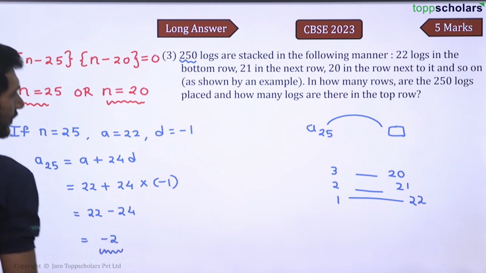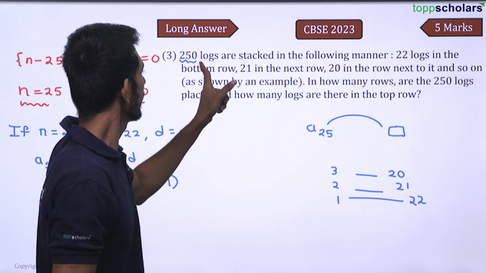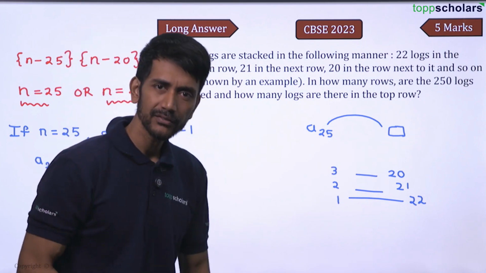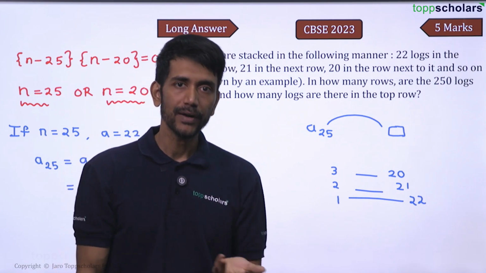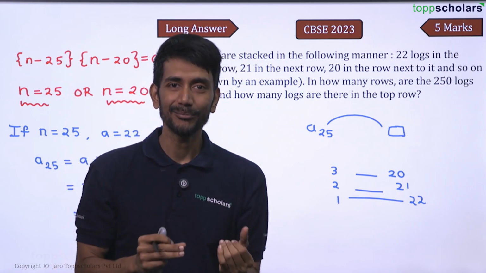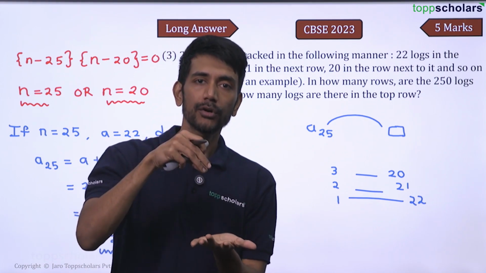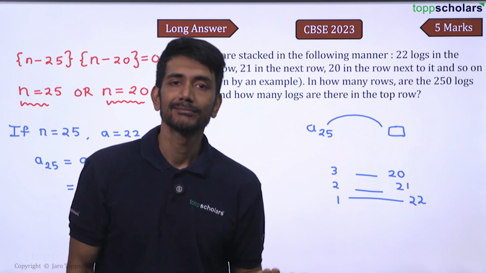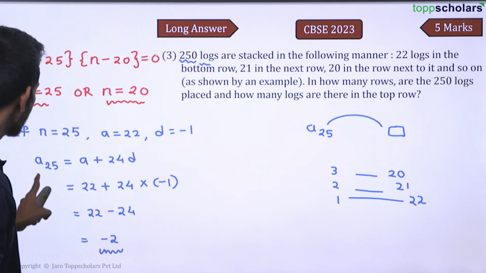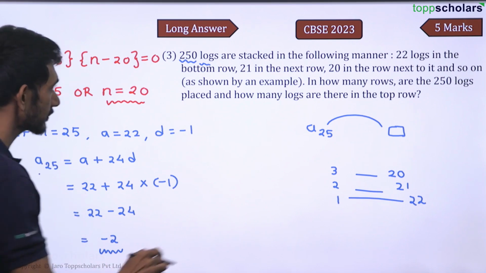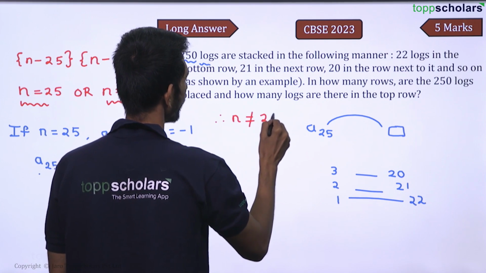Now tell me one thing. Can the number of logs be negative? Can you have negative 2 logs? It's a positive value, right? You cannot stack a negative number. Like if I say I'm stacking some coins, can I say I have minus 2 coins? It's not possible. That means here, since A25 is negative, therefore n is not equal to 25.